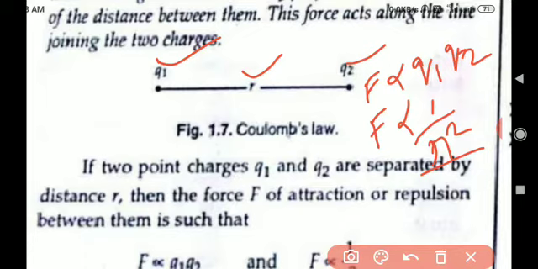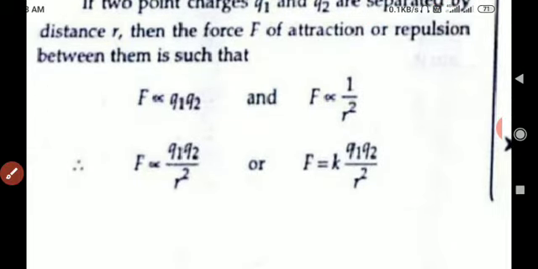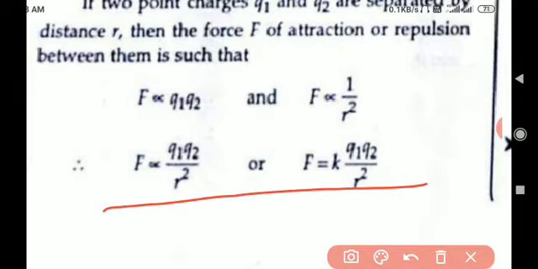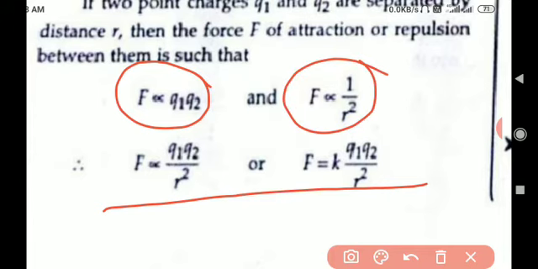Now that was his statement. If we combine both the equations, what will we get?